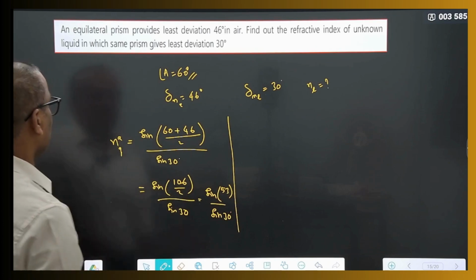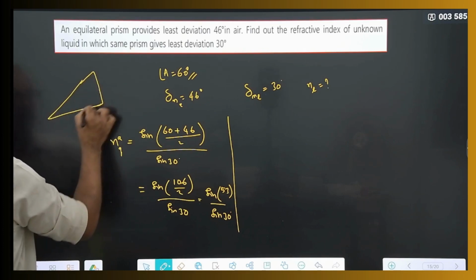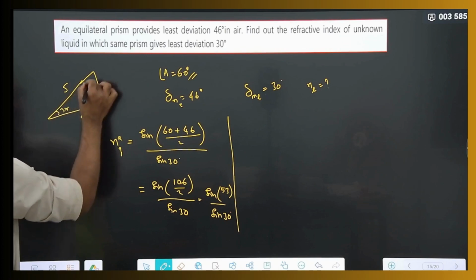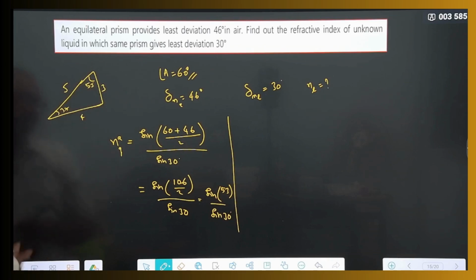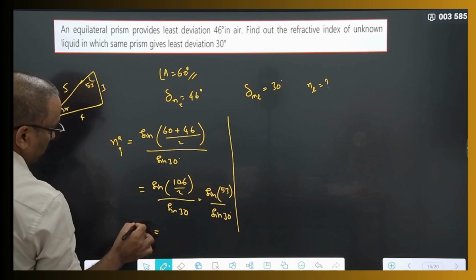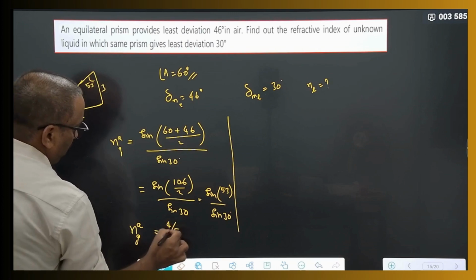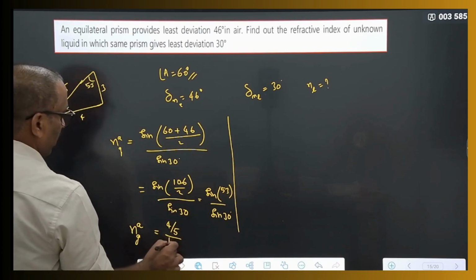You know sine 53, these angles, right? This is your 3, 4, 5 triangle. This is your 37. This is your 53. So sine 53 means 4 by 5. So what can you write now? The refractive index of the glass with respect to air is 4 by 5 by sine 30, which is 1 by 2.